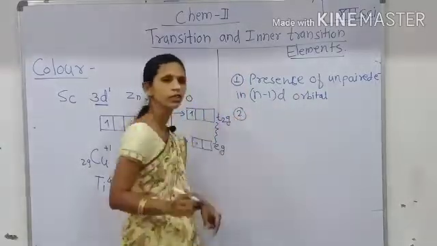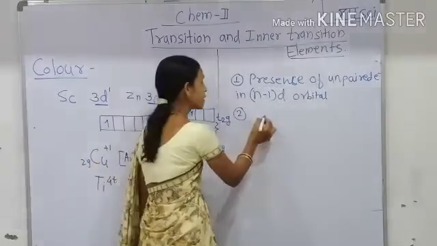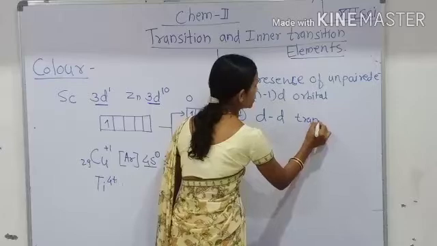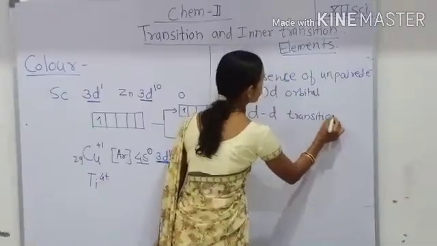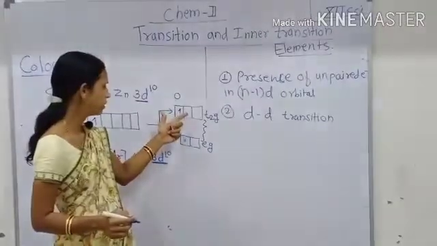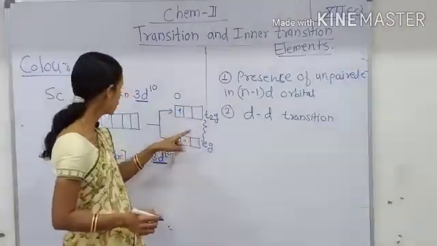The second reason is the d-d transition. Transition means promotion of an electron from a lower energy level to a higher energy level. I have already explained that.